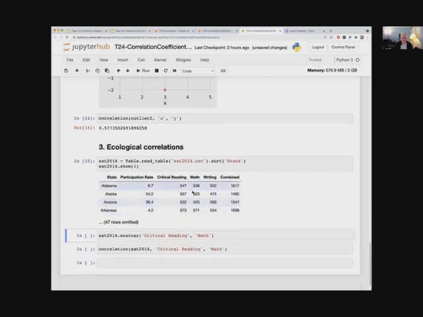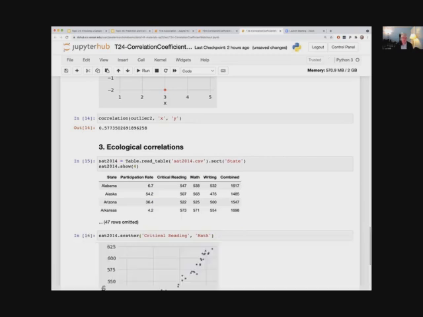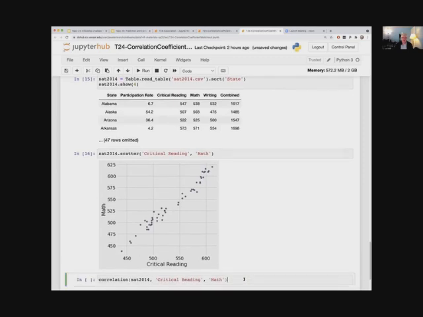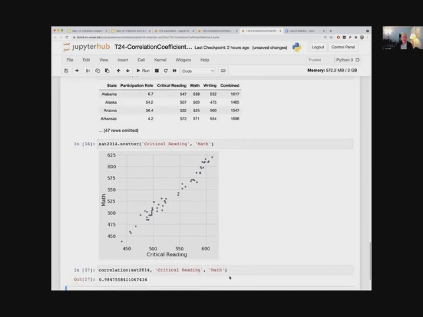We have some numerical columns, so we can naturally compare them. If we compare their scores on the critical reading portion of the exam to the math portion, you can see a very, very high correlation, extremely high. If we calculate this, we can see that it is actually 0.98.